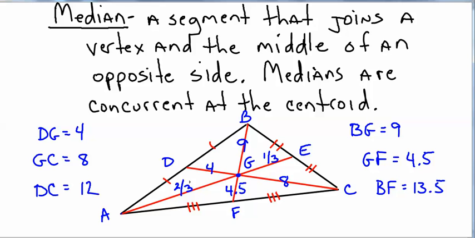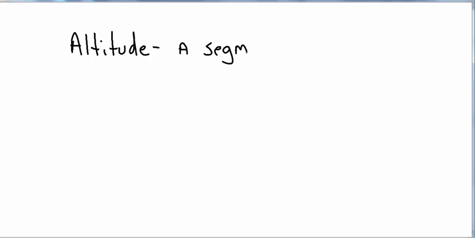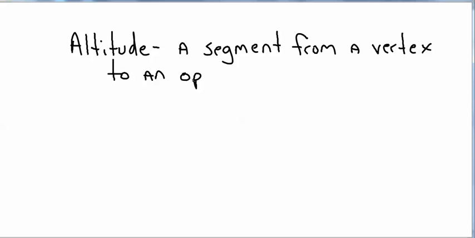Sound good? All right, and altitude. That's a segment from a vertex to an opposite side that intersects at 90.